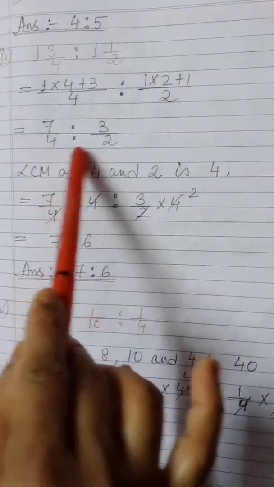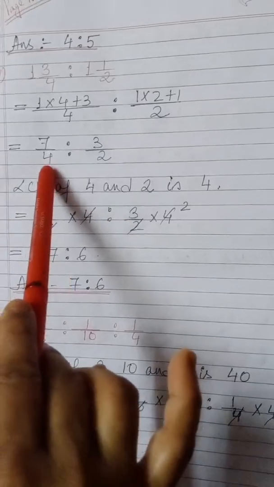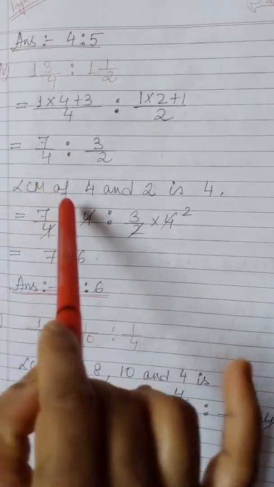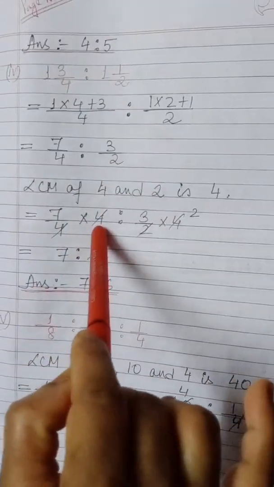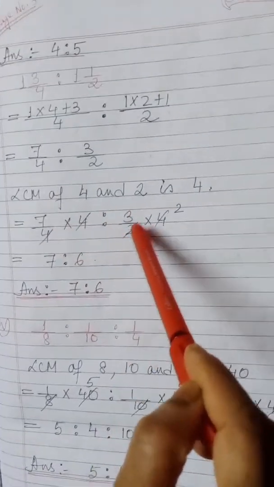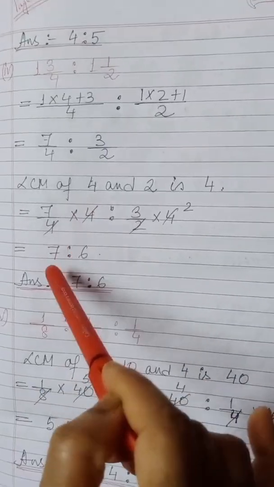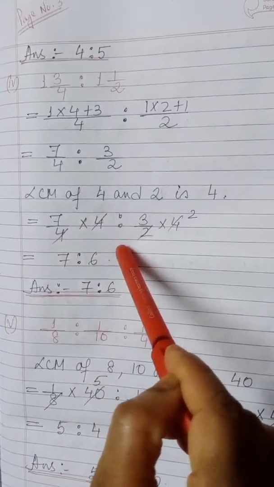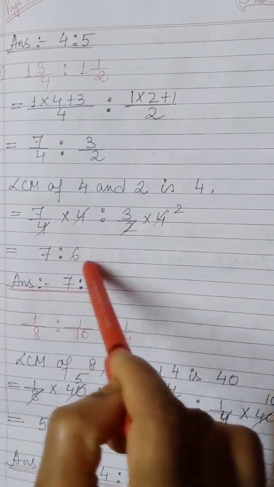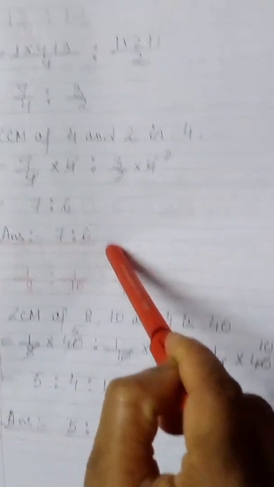Now take the LCM of the denominators. The LCM of 4 and 2 is 4. Now multiply each term by that LCM. 7/4 into 4, and 3/2 into 4. The 4 gets cancelled, leaving 7, and 2 and 4 get cancelled, leaving 2. Then we get 7 is to 6. The answer is 7 is to 6.